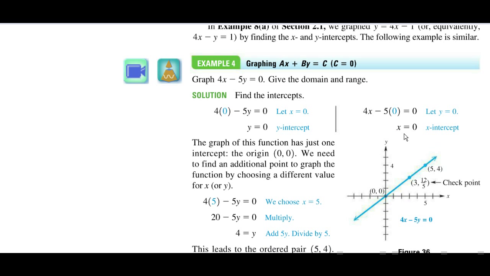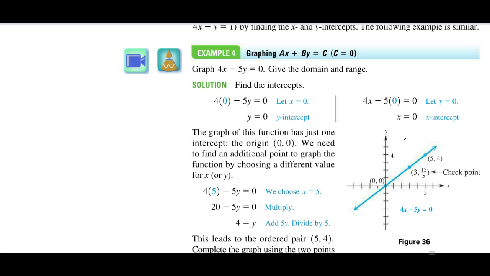Now here we see something in standard form, and they want us to find the domain and range. But here, our value of our constant happens to be 0. So, since we want to find and graph it, an x and y intercept, you'll notice if you put a 0 there, this is 0.